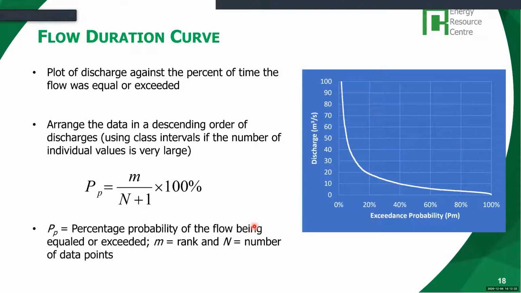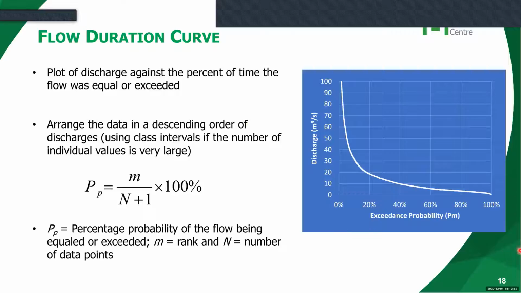But one important thing of hydrological analysis is we have to calculate the flow duration curve. This flow duration curve is basically a plot of discharge. On the left y-axis is the discharge, on the x-axis is the exceedance probability.